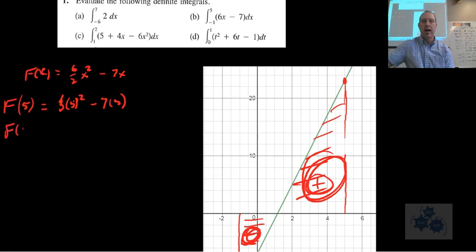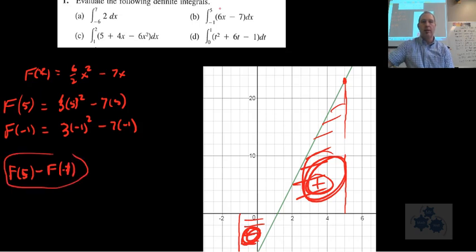And evaluated at -1 is going to be 3 times -1 squared minus 7 times -1. So that's going to be the difference: capital F of 5 minus capital F of -1 is what I'm looking for. That's the value of this right here.